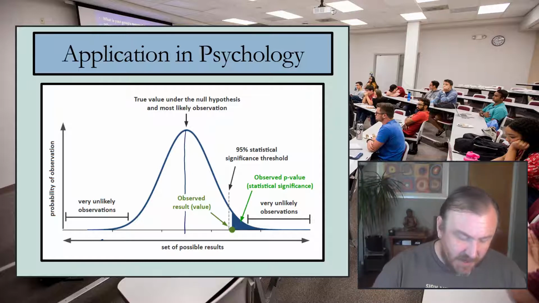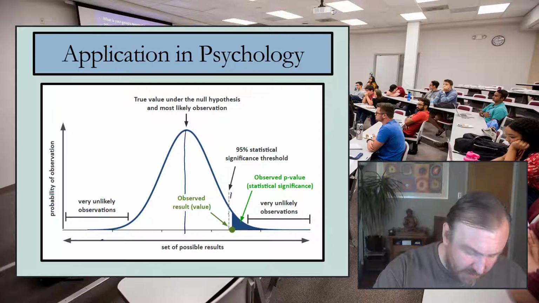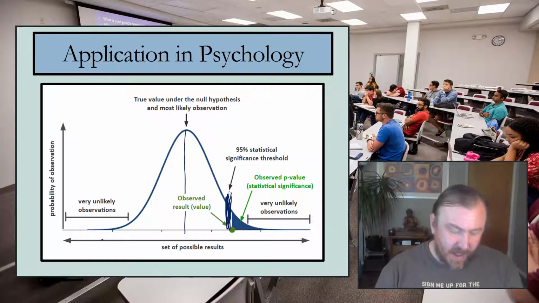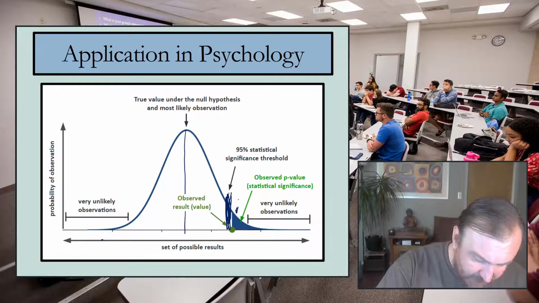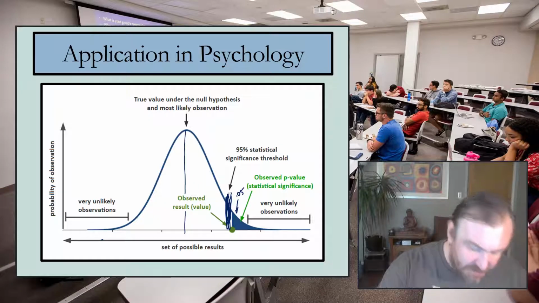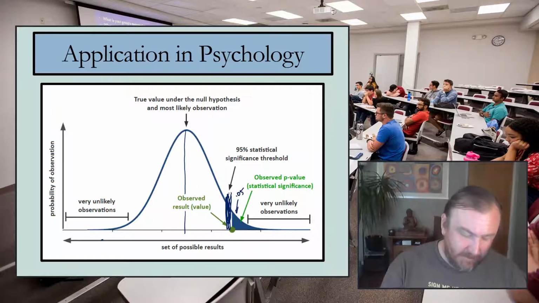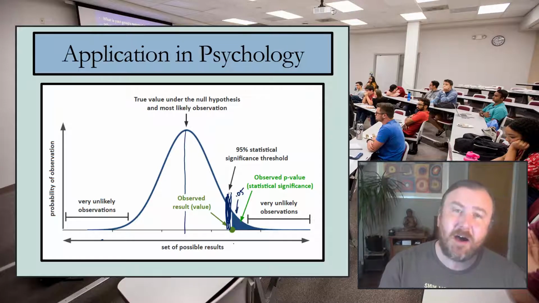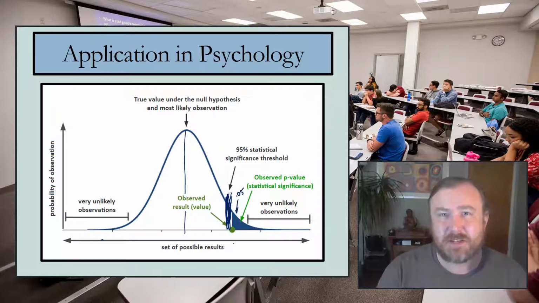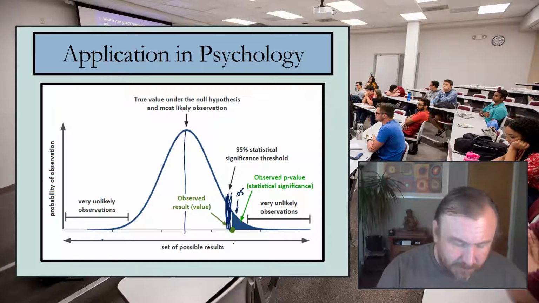And so we can see from this figure that we set this arbitrary threshold, this line in the sand here, right, is our alpha, right? And if we set alpha to 0.05, that means 5%, we're finding the z-score that cuts off 0.05 in the upper tail.